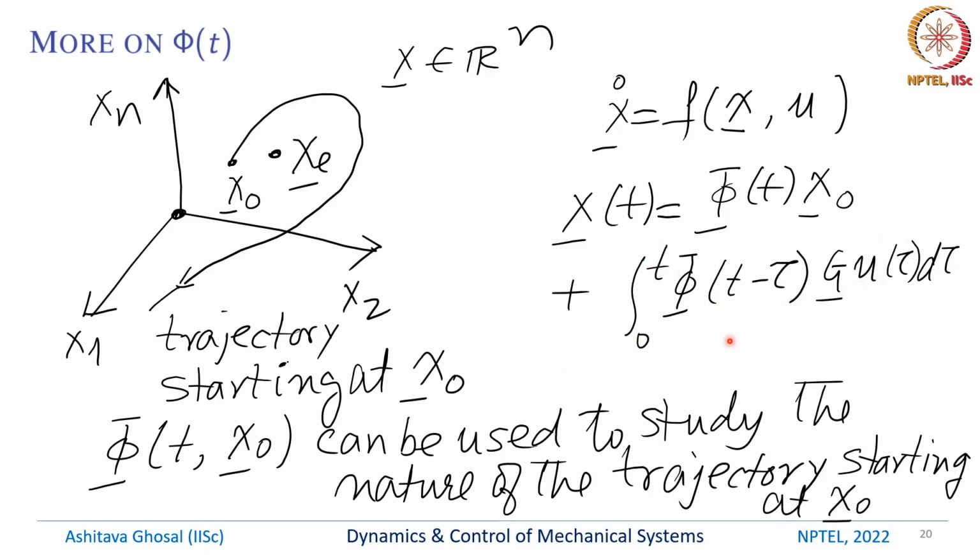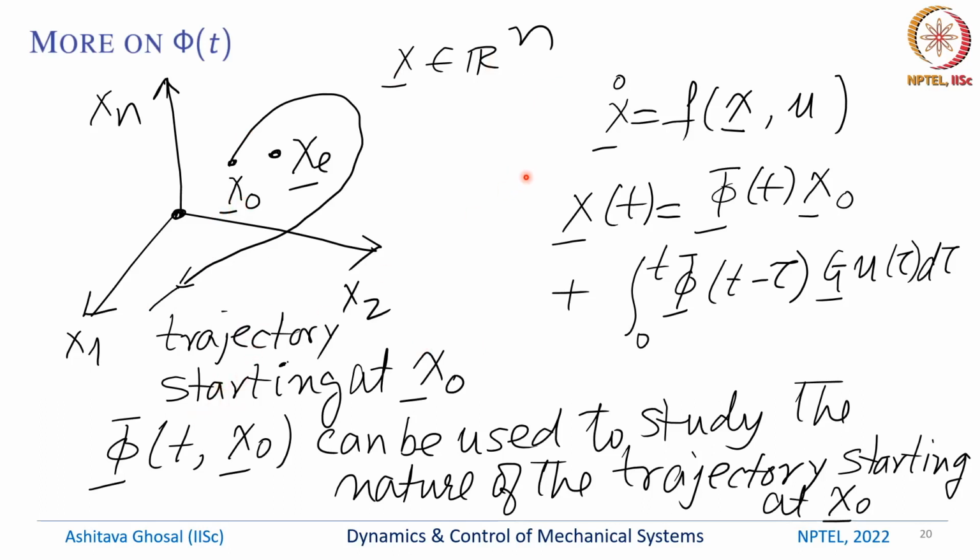This is also sometimes called a convolution. What is this schematically telling you? If I can solve this equation, which I can because I know how to compute phi of t, then I should be able to show you the trajectory starting at x0, that is, x of t as a function of time as we go along.